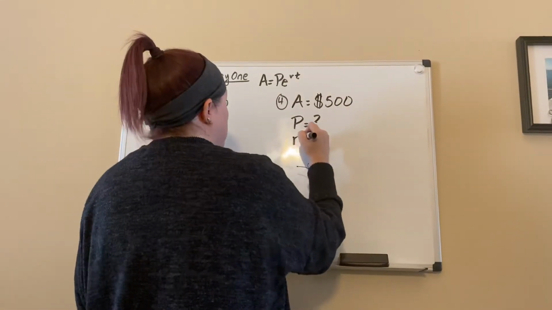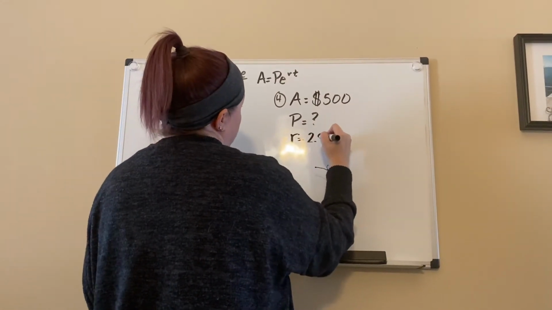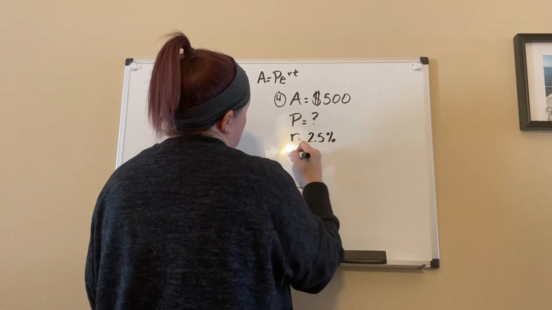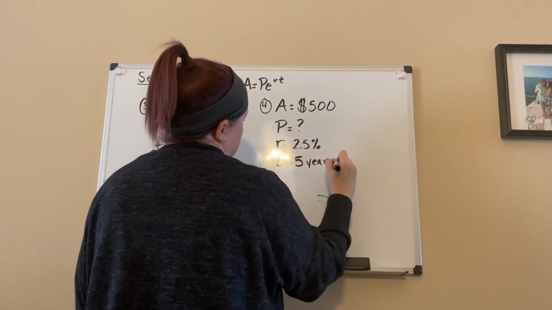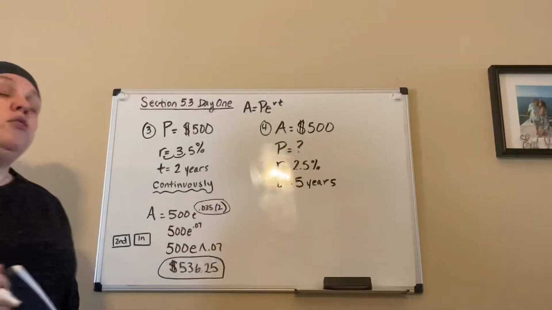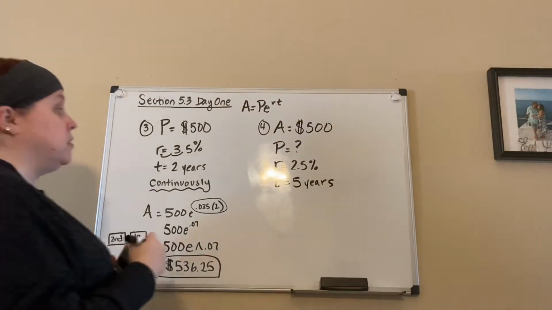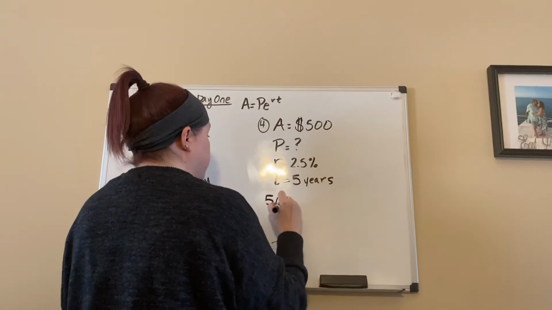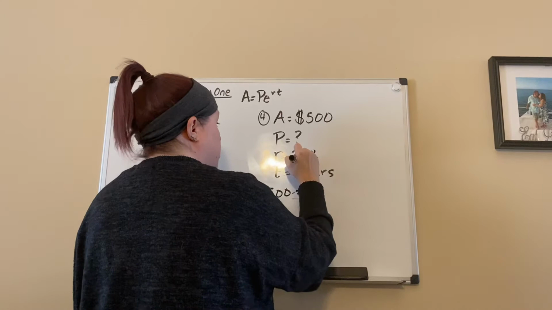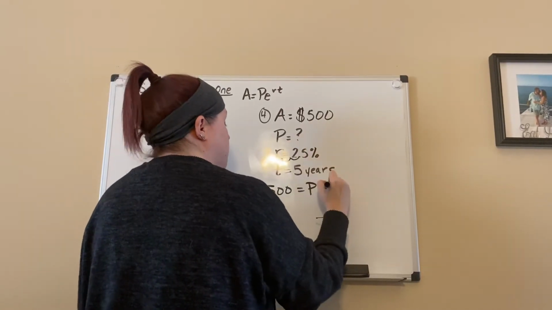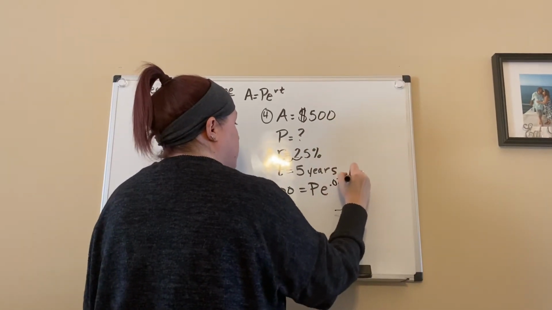So let's say they told us our rate is 2.5% and we want to deposit this for 5 years. Same formula, but we don't know how much we want to deposit. So we're going to say A is 500 equals P e to the, move it over twice, 0.025 times 5.